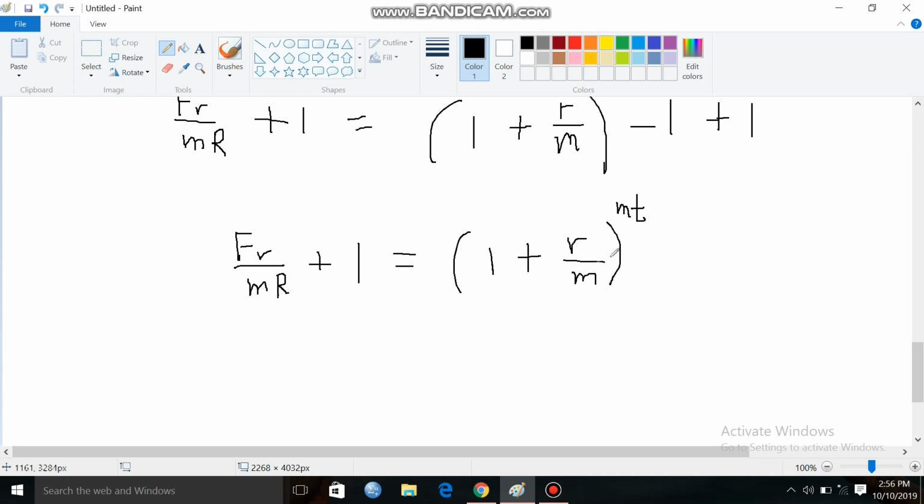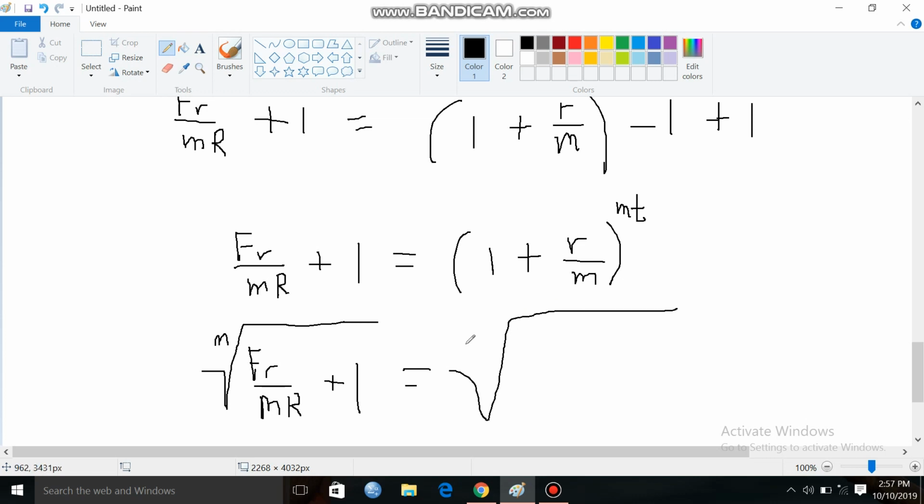We will make use of the concept of roots, the nth root, since this is raised to the power of m. The nth root is the reverse of the power of m.